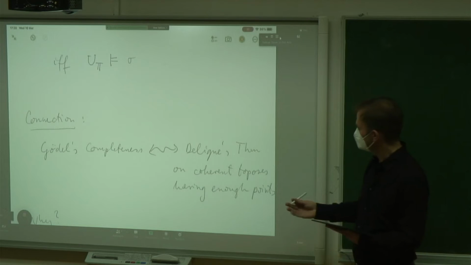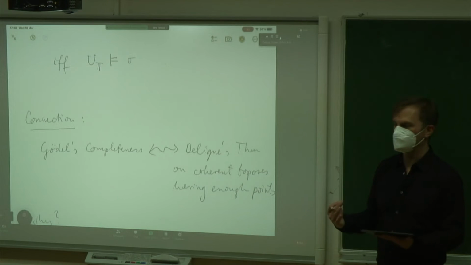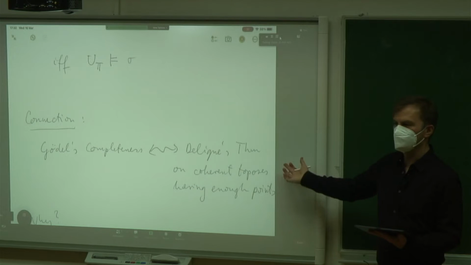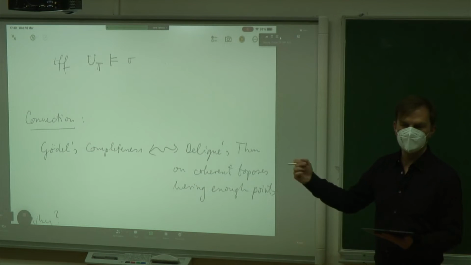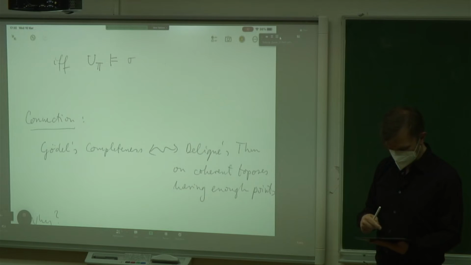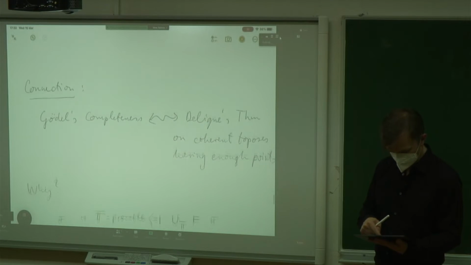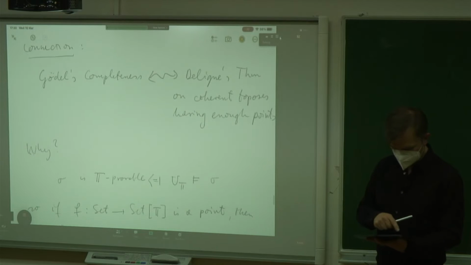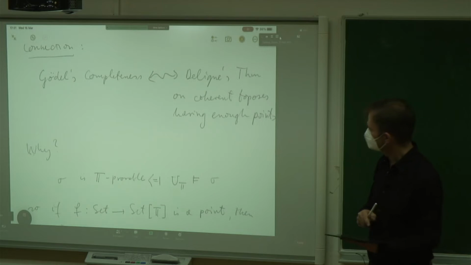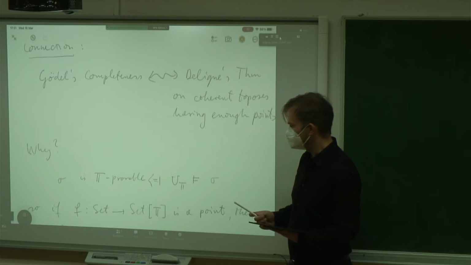So this is proved in a very topos theoretic way, and the reason for proving this was in order to prove results in algebraic geometry. And okay, what is the connection?